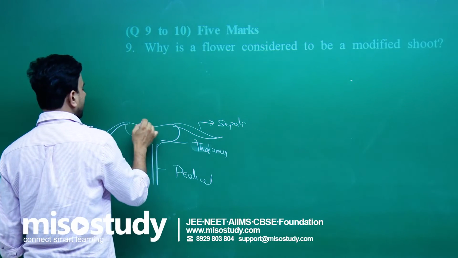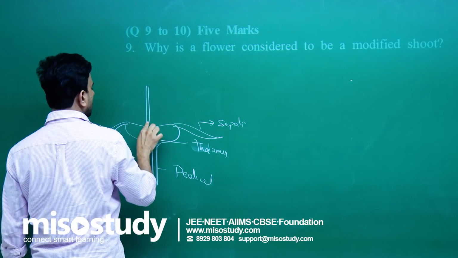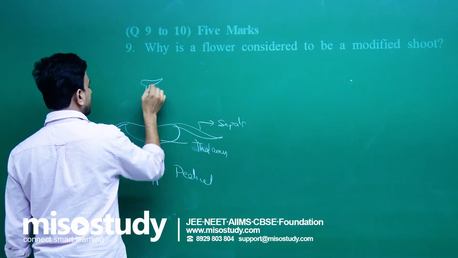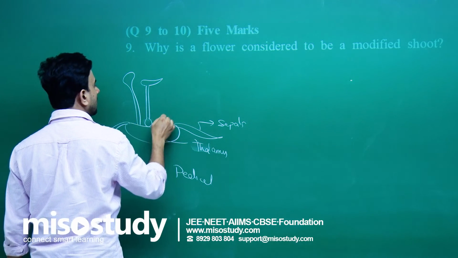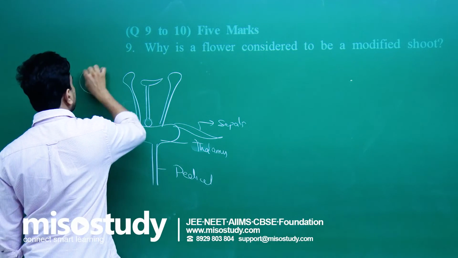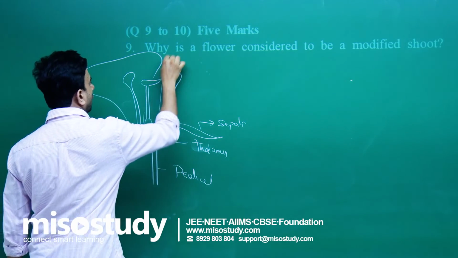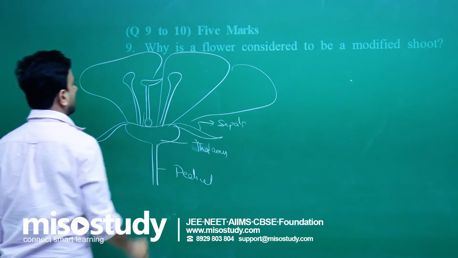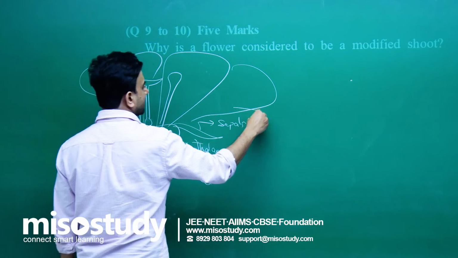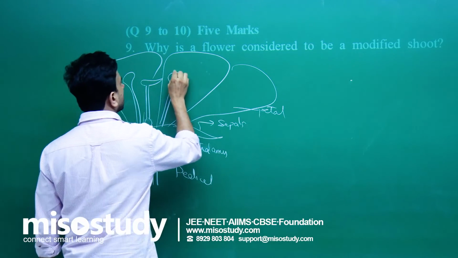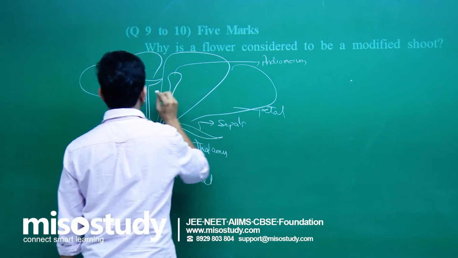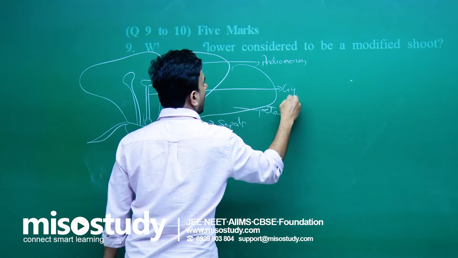In the center there will be the ovary, the style and the stigma, and here there will be the anthers and the filament, and here there will be the petals. So what we say is there are four whorls: this is the sepal, this is the petal, this is the androecium, and this is the gynoecium.